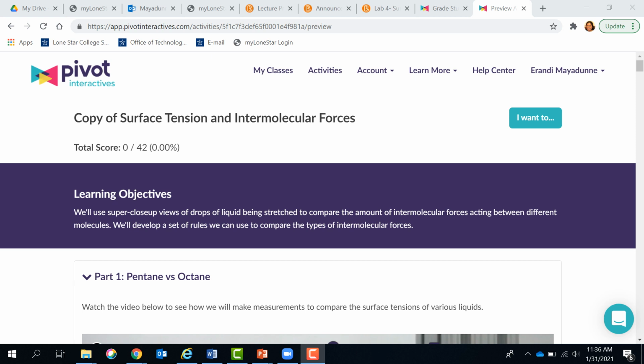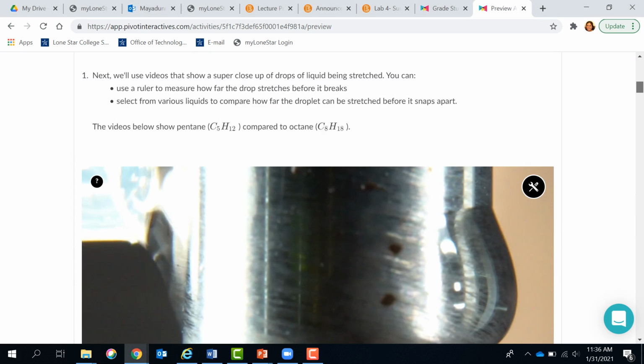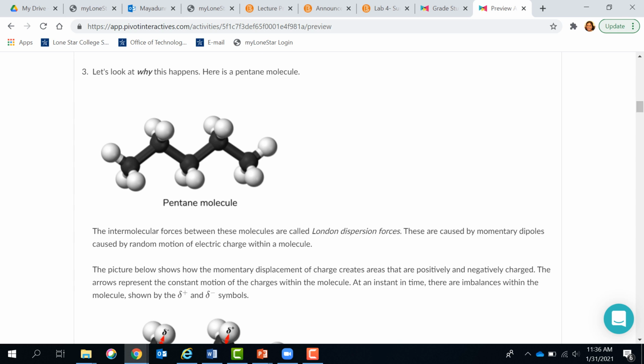Pentane: pent is 5, and it is an alkane. Octane: octa is 8. If you go down the lab, you see pentane. The black ones are the carbons: 1, 2, 3, 4, 5.